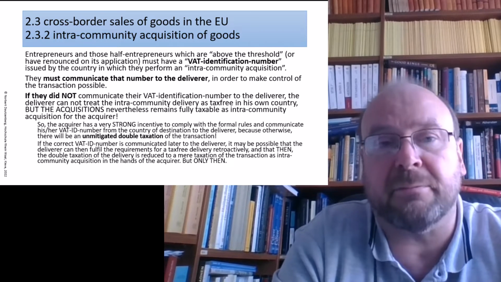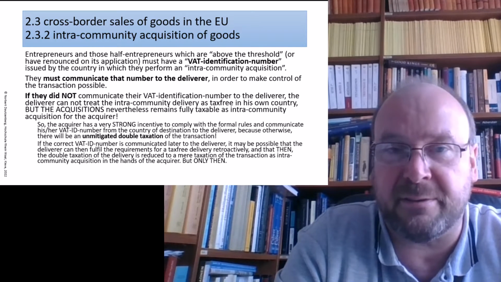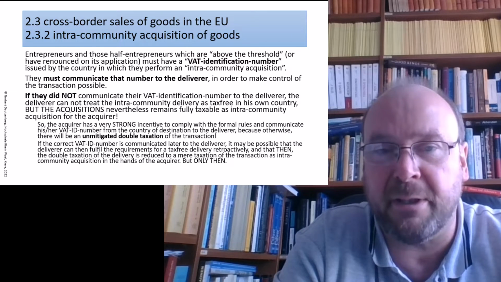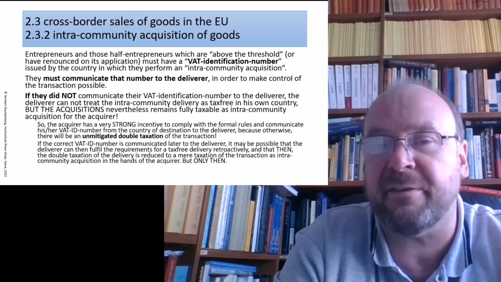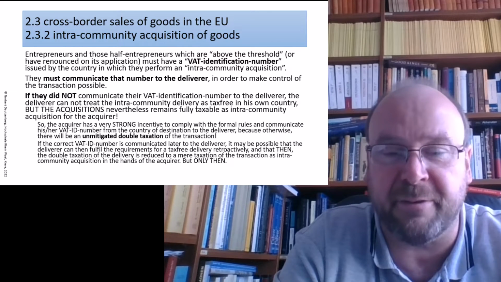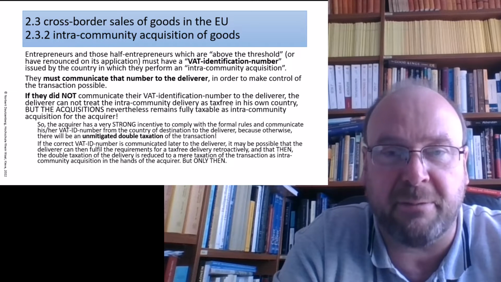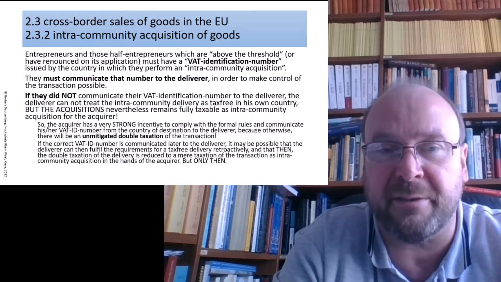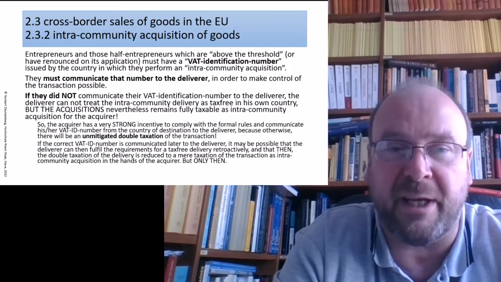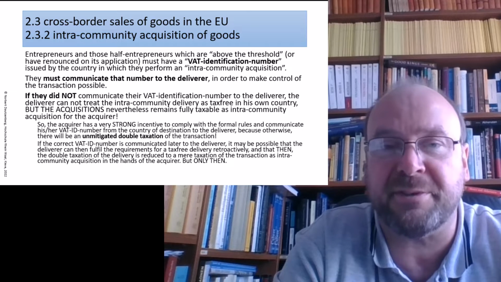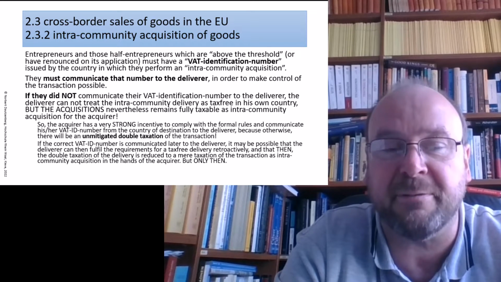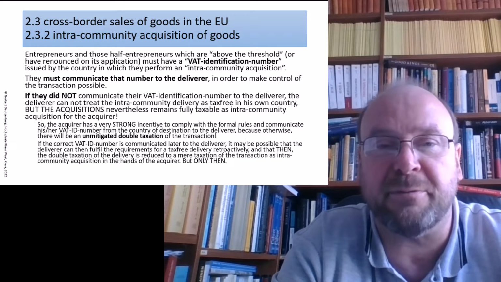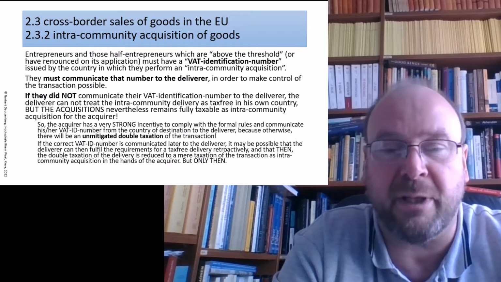Now, if you forgot or didn't receive a value-added tax identification number from the right country in time, you may later communicate the VAT identification number to the deliverer. The deliverer might then be able to prove that his delivery is tax-free because you are the buyer, the taxpayer. And so retroactively he would be able to prove the tax exemption, and perhaps even correct the price, lower it, and the double taxation would fall away again retroactively.